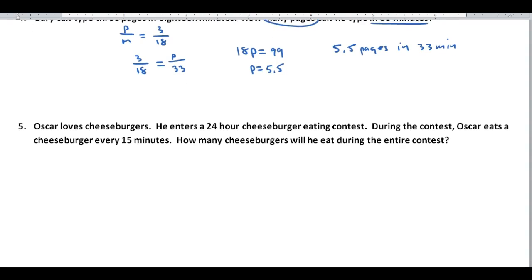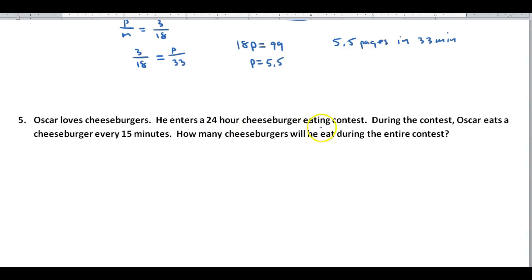And last, Oscar loves cheeseburgers. He enters a 24-hour cheeseburger eating contest. He eats a cheeseburger every 15 minutes. How many cheeseburgers does he eat during the contest? So it's a 24-hour contest. He eats 1 cheeseburger every 15 minutes. That should equal how many cheeseburgers in, we have this in minutes, this in hours. But how many minutes are going to be in 24 hours? I'll do 24 times 60, and that's 1,440 minutes.